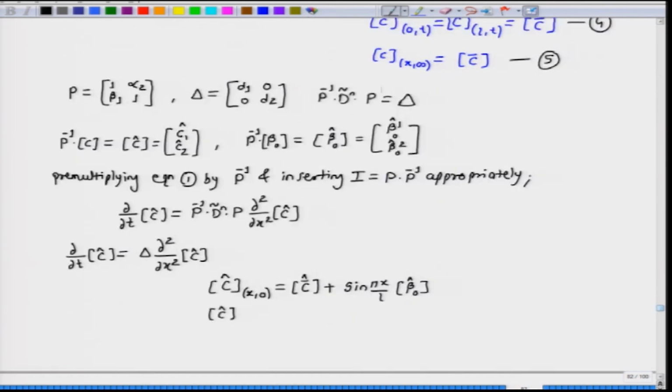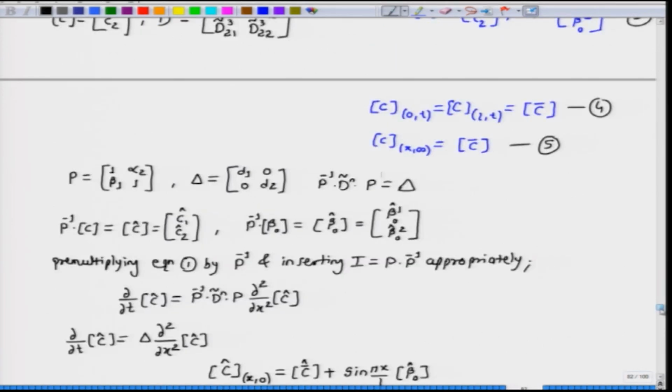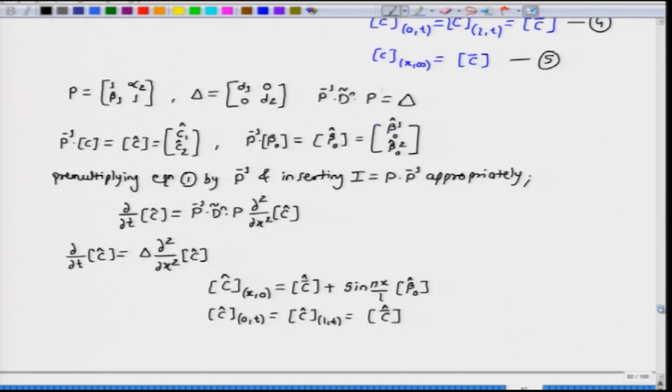C cap at 0, t should be equal to C cap at L, t, which should be equal to C bar cap, and the last condition can be written as C cap at x, t equal to infinity should be equal to C bar cap.